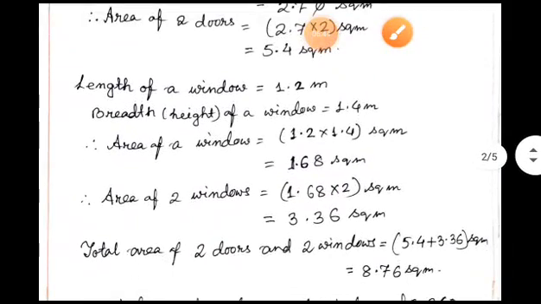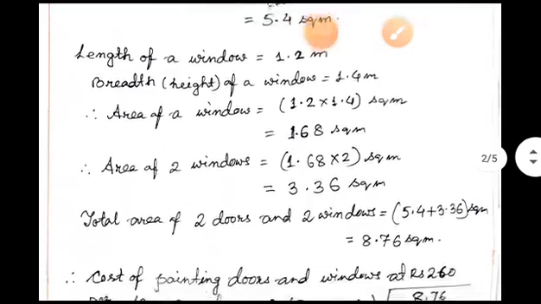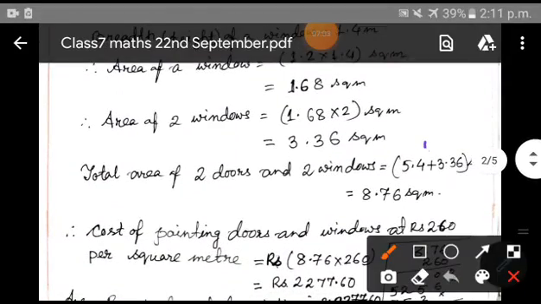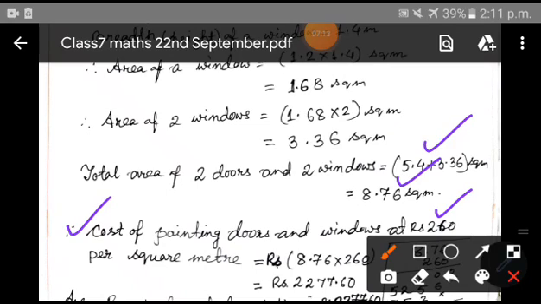Now after that, you will have to add up these in order to calculate the total area of the two doors and the two windows. Altogether you are calculating the total area of doors and windows. So you are adding 5.4 plus 3.36, which is equals to 8.76 square meter. Now you will write cost of painting doors and windows at rupees 260. So 260 rupees is the cost of 1 square meter area.